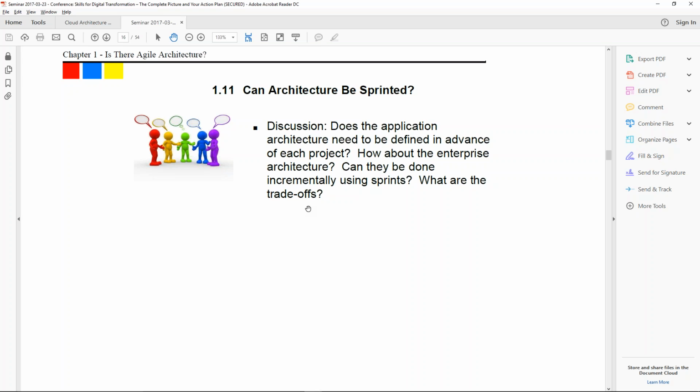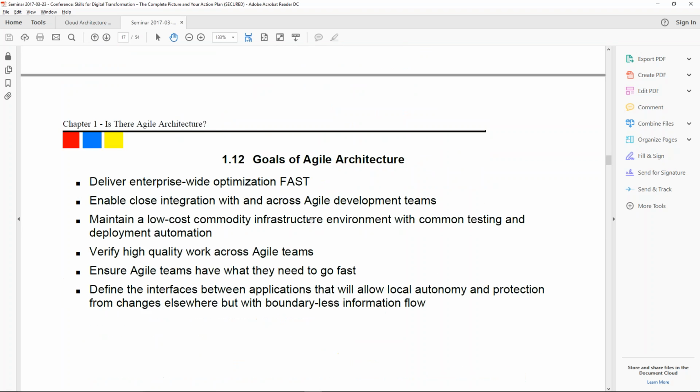Agile tends to not appreciate very much the kinds of documents that are traditionally produced by architects. The diagrams are considered a form of documentation that is not well appreciated.